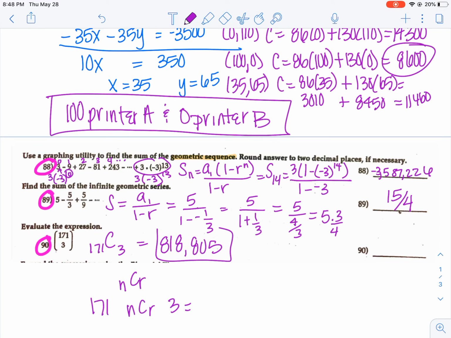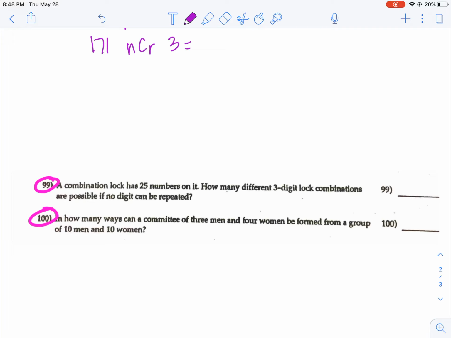Okay, 99, combination lock. Has 25 numbers on it. How many different 3-digit lock combinations are possible if no digit can repeat? Okay, so you're having a 3-digit code, and there's 25 numbers to choose from. So my first choice, I have all 25 numbers. There's no restrictions.